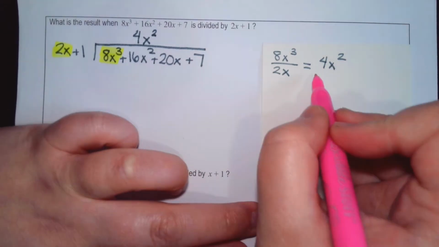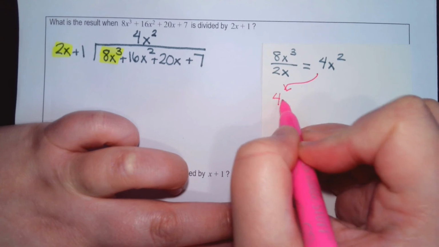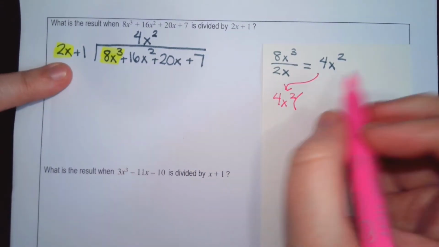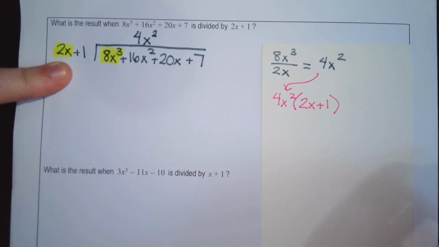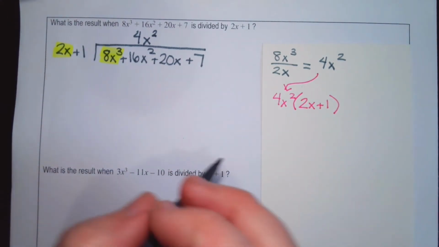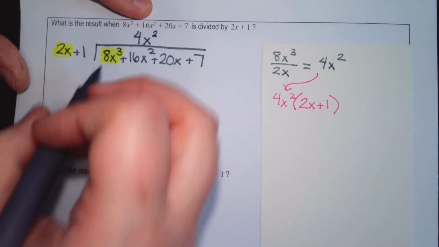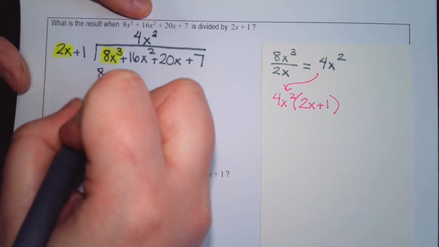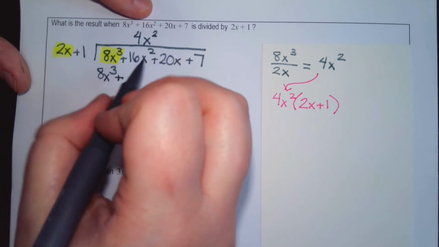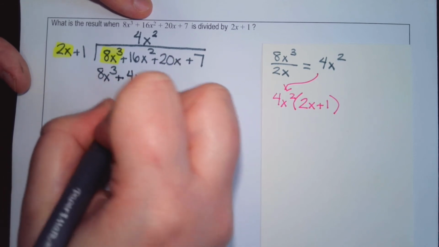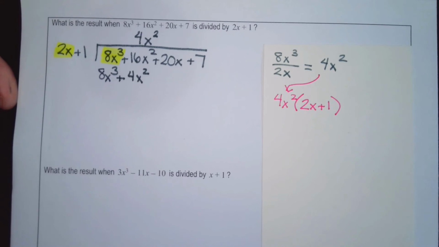Then, we're going to take 4x squared and multiply it by our binomial on the outside. So 4x squared times 2x is 8x cubed, plus 4x squared times 1 is 4x squared.